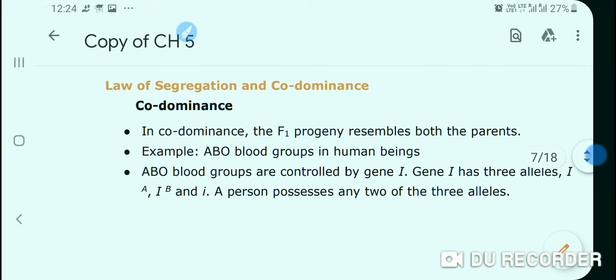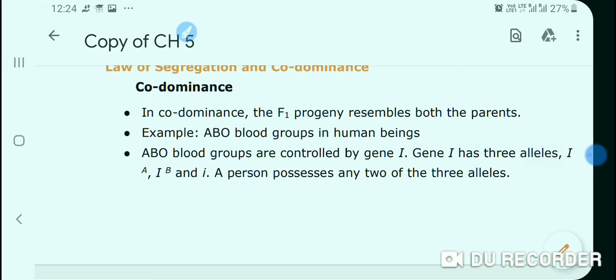ABO blood group. In codominance, F1 progeny resemble both the parents. Example, ABO blood group in human beings. ABO blood groups are controlled by gene I. Gene I has 3 alleles: IA, IB, and i.